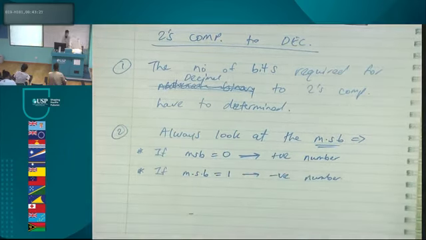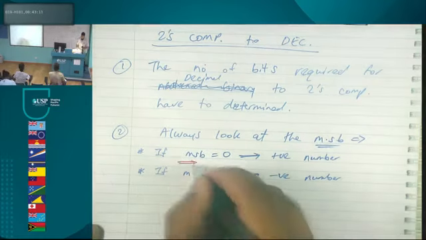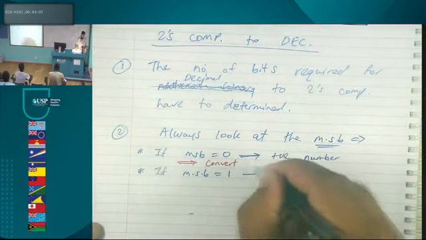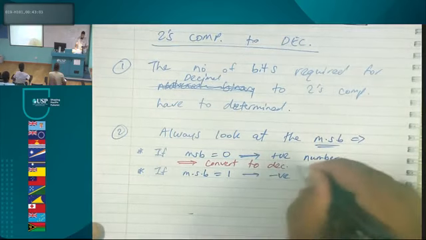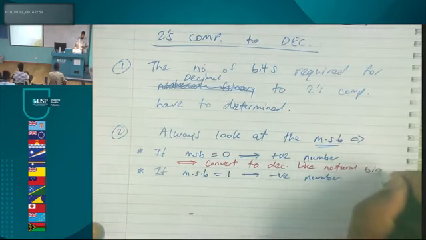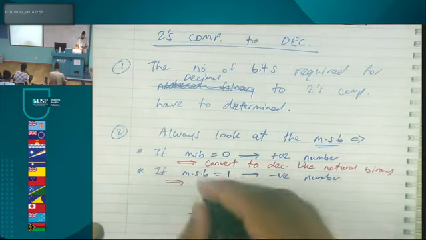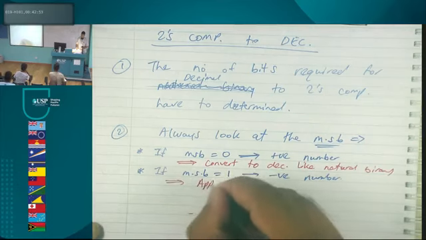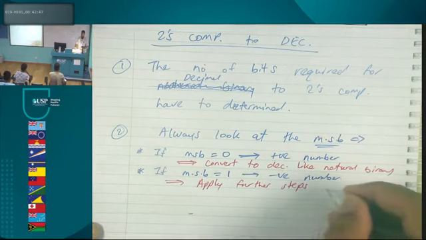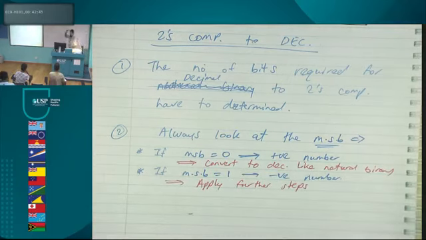If it is a positive number, then convert to decimal like natural binary. If it is a negative number, then apply further steps, which are in reverse of what we did earlier on. You can note it down.